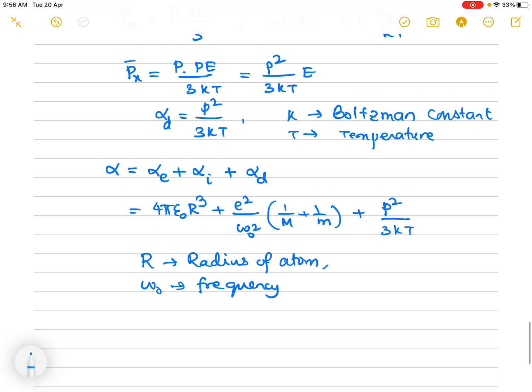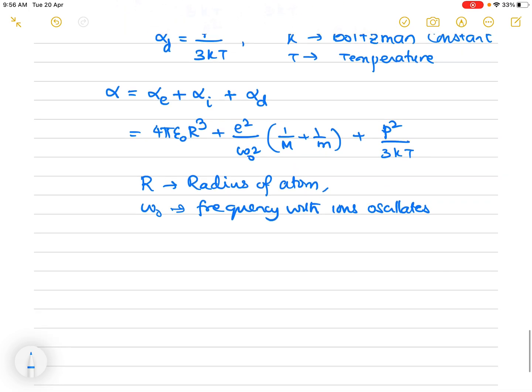Now only dipolar polarizability depends on temperature.